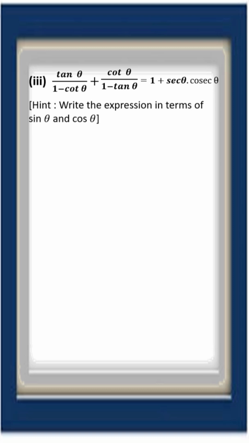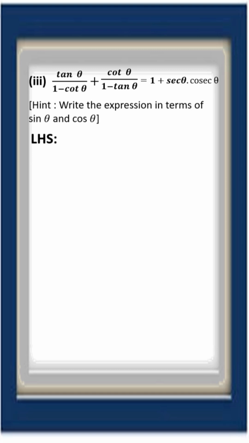As such we can't solve it. We can't see any Pythagorean identities here, isn't it? And also if we take LCM it will be cumbersome. So anyhow they have given a hint. Otherwise also we have to convert it into sin theta and cos theta.